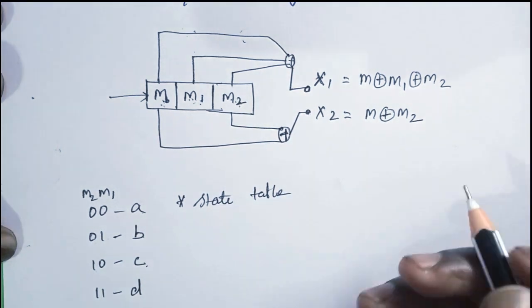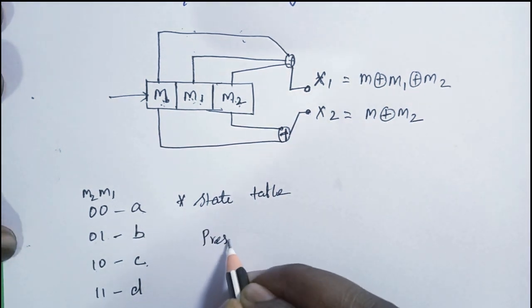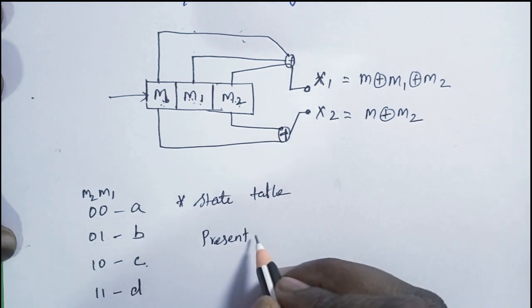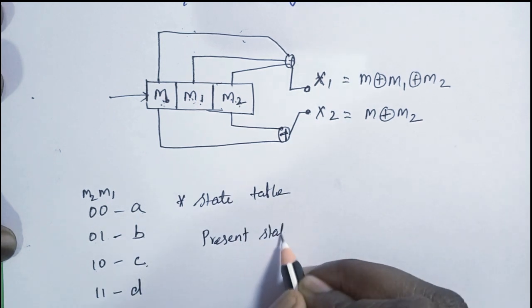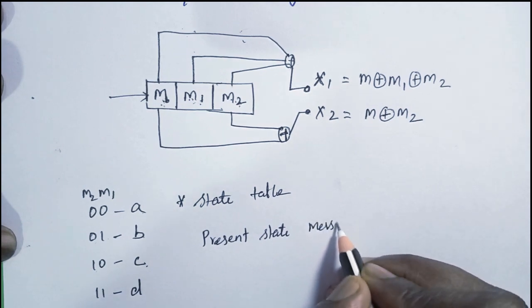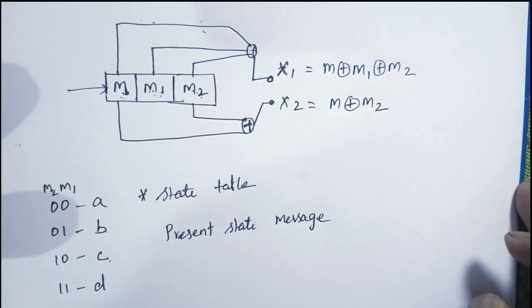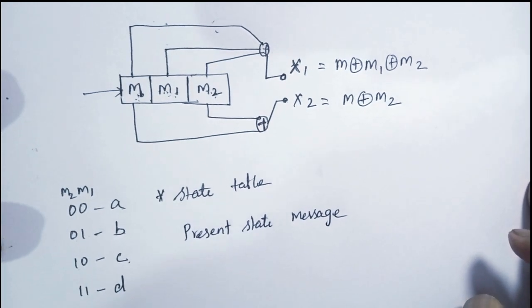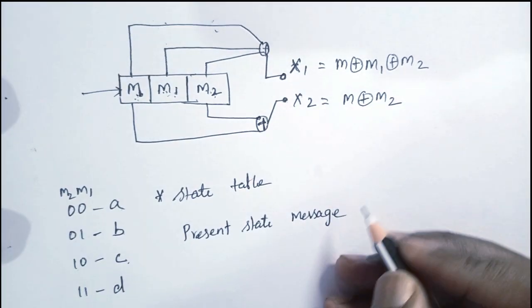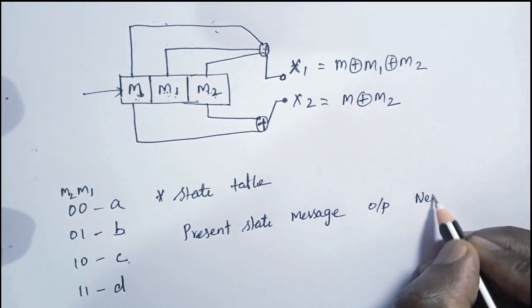Okay, so the state table consists of nothing but the present state, the message, the output, and the next state.